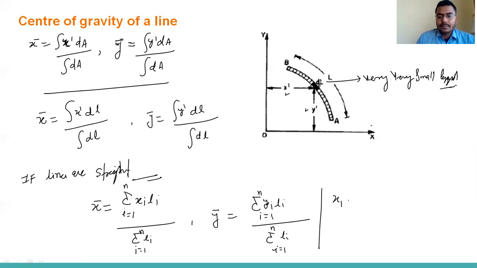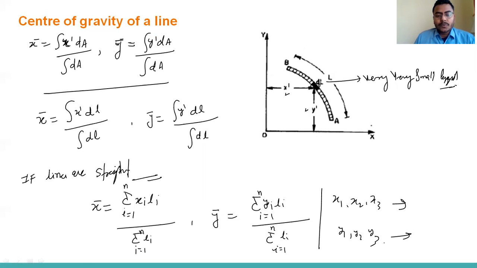Here x1, x2, x3 are the distances of the centroid of the first segment, second segment, and so on from the y-axis. Similarly, y1, y2, y3 are the distances of the centroid of each segment from the x-axis.